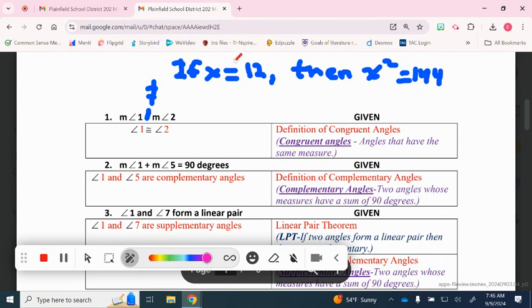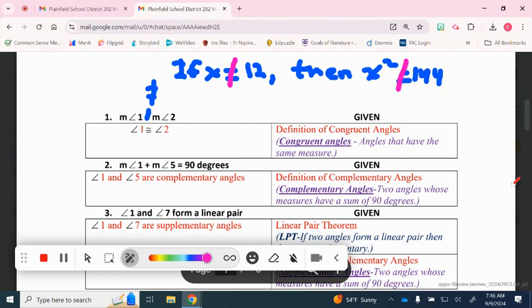You would state if x is not equal to 12, then x is not equal to 144. Does that kind of make sense? So you're always trying to find that first step, and the first step is always a contradiction. In your homework tonight, they're going to give it to you more wordy, but it's the same kind of thing. Okay, any questions on this?